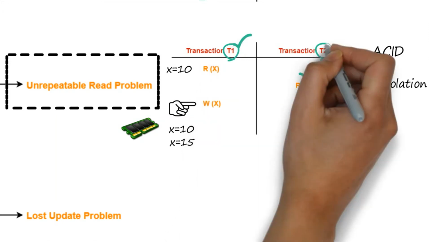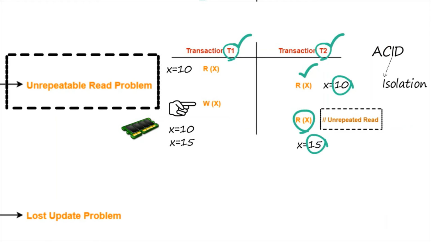Here T1 and T2 are executed concurrently, so due to the isolation property, T1 and T2 have no idea about each other. So for T2, it is an astonishing situation that the first time it reads the value of X, it gets 10.